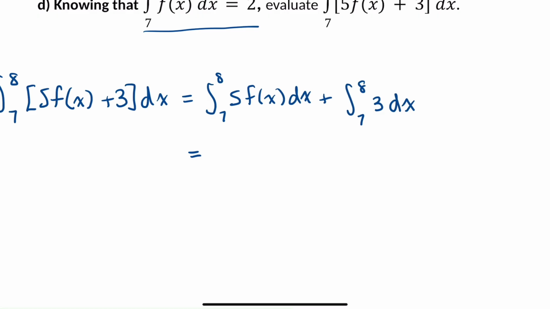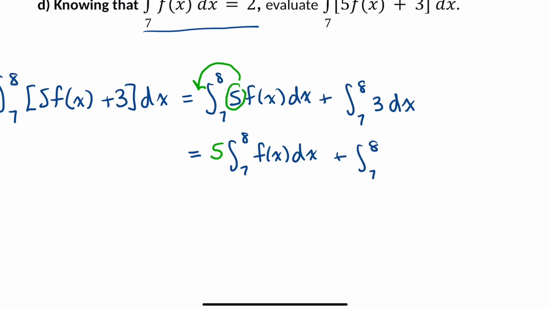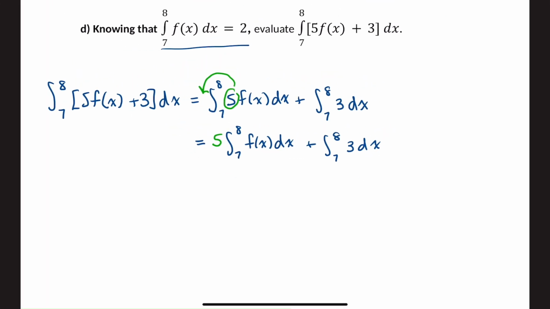And so using the constant multiple rule, we can pull this 5 out in front, plus the definite integral from 7 to 8 of 3 dx. And so you're given in the question that this integral is equal to 2, which is the same thing as you have here.